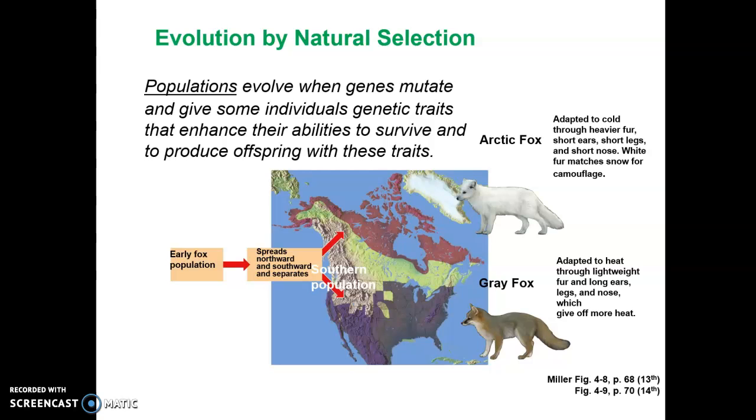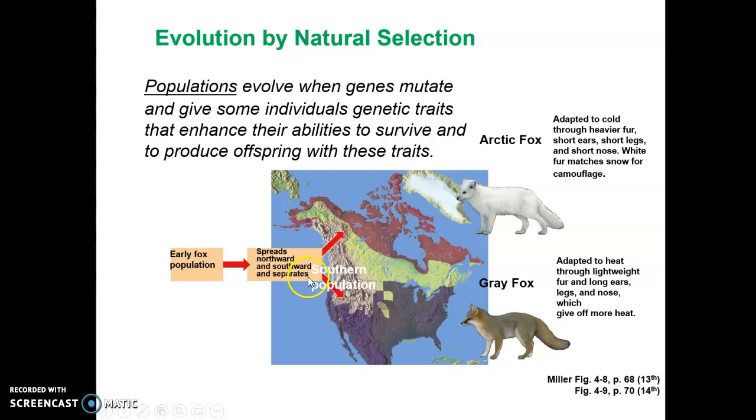And therefore, they would be less likely to live long enough to pass their genes to an offspring, whereas the Arctic, the white one here, is more likely to survive and therefore pass these traits down to its offspring.